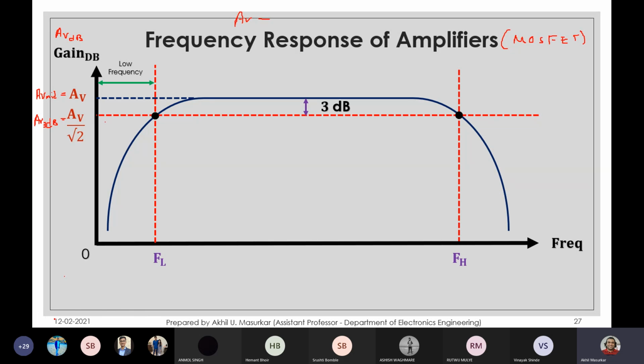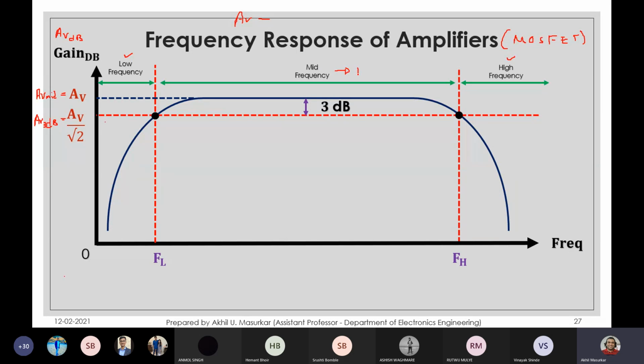Now in this very curve, the region between 0 and FL is called the low frequency region. Then after that we have the mid frequency region, and then the high frequency region. So this entire graph is divided into 3 parts. Our aim is to look at low frequency and high frequency.